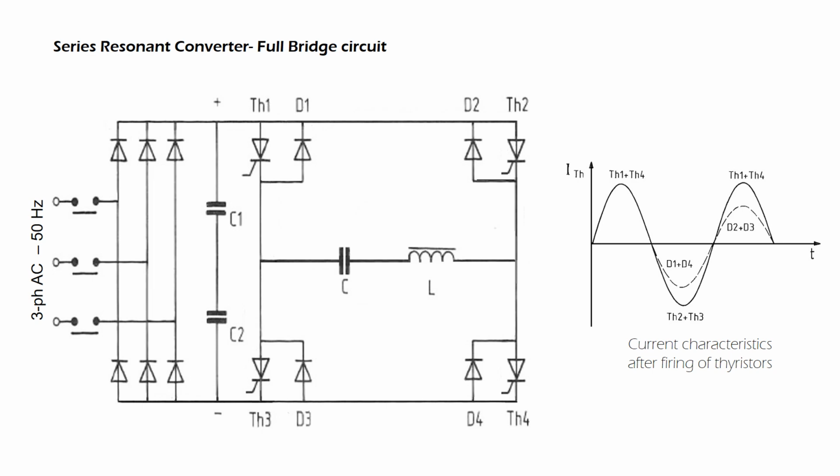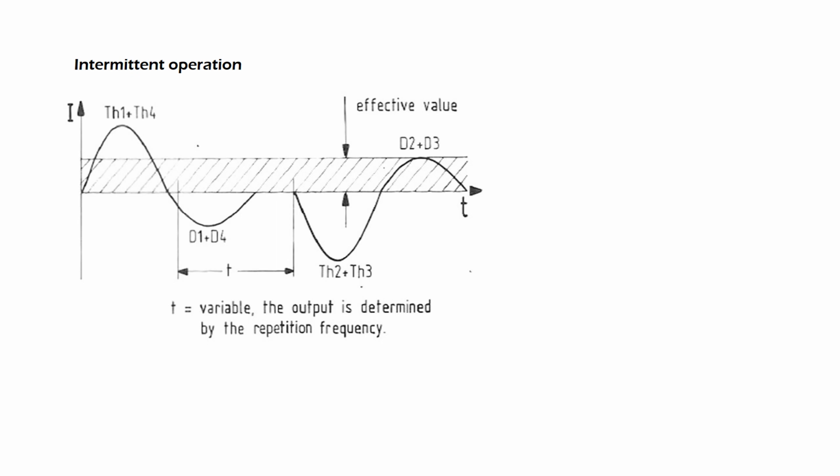Next, we will discuss the intervals between thyristor firing and its effect. At the beginning of this tutorial, it was pointed out that the converter provides the possibility of high-tension control. To understand this function, let us refer to this illustration for intermittent operation.